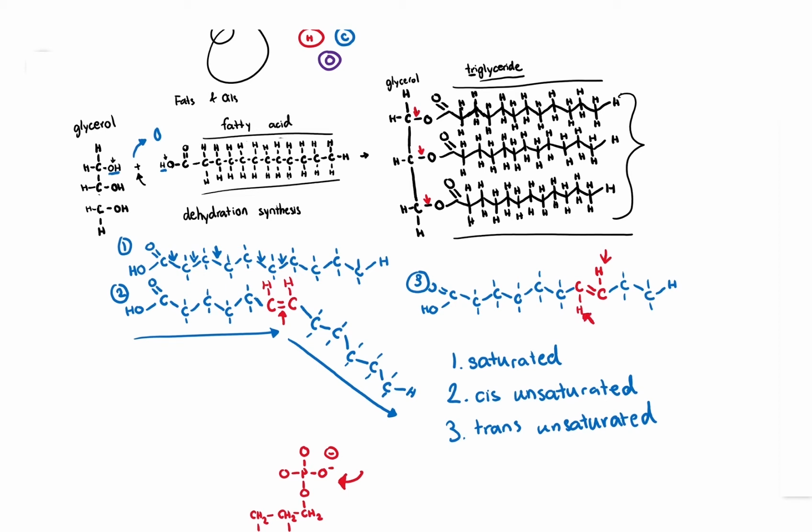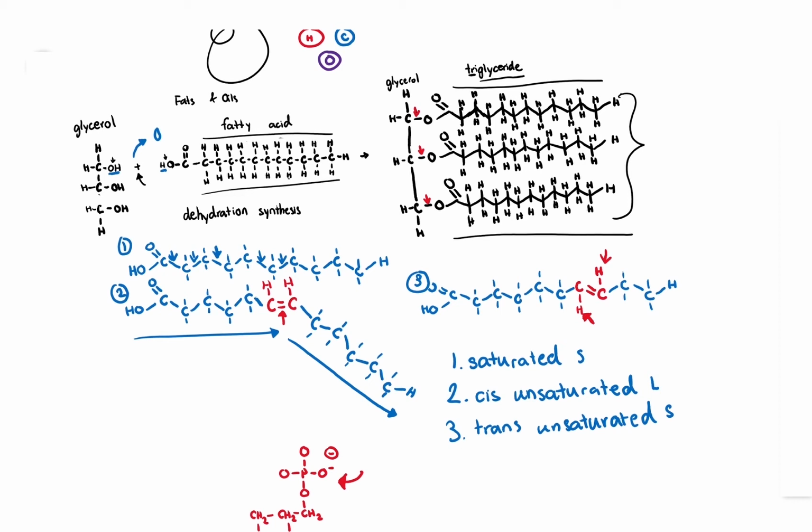And because of this, they actually have different properties. So the saturated fatty acid is solid, the trans-unsaturated fatty acid is solid, and the cis-unsaturated fatty acid is liquid at room temperature. Now I'd like to show you a diagram to help you understand this.